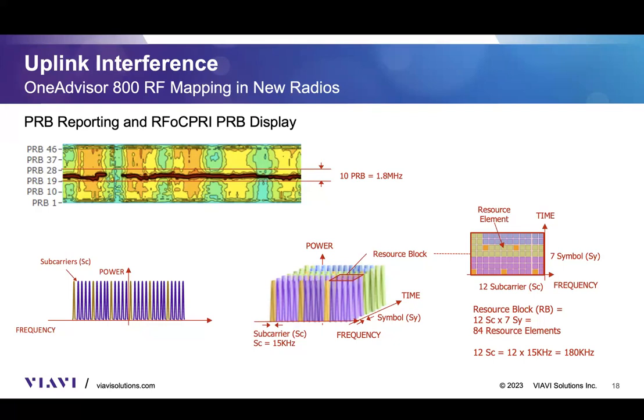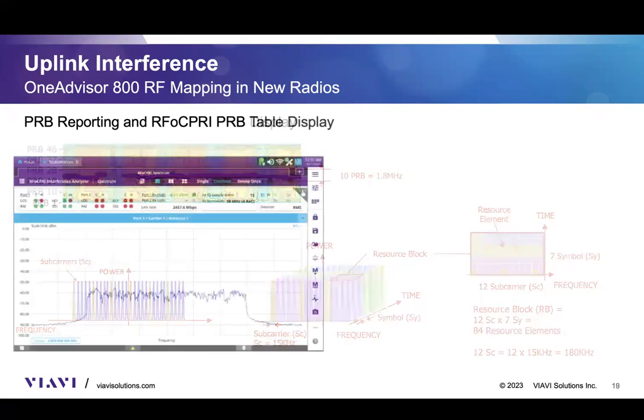So when we are going to analyze a signal and the management system is giving us this information, that most likely it's around PRB 19 to 28. That's 10 PRBs, which is 1.8. How can I translate that into frequency?